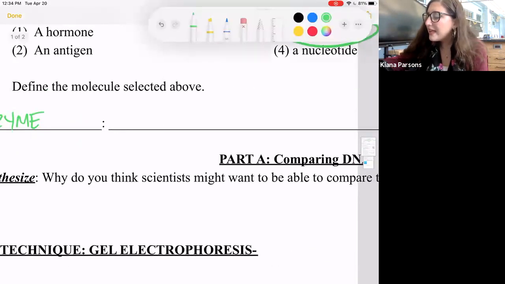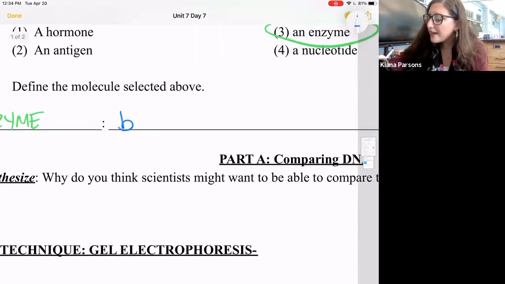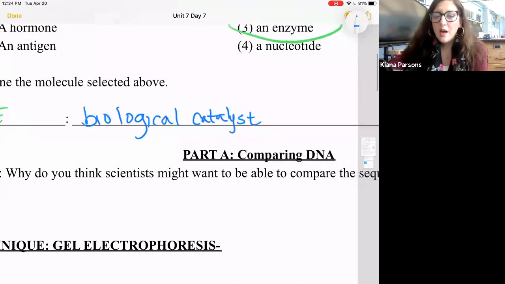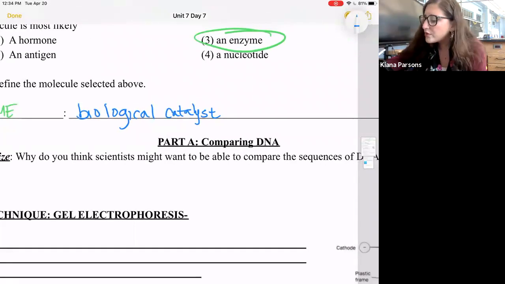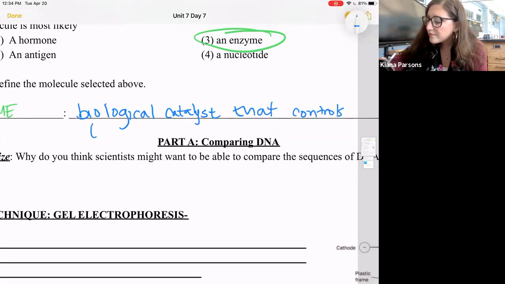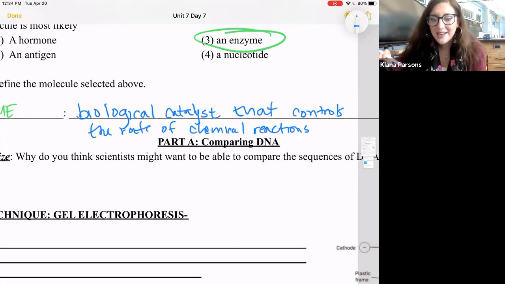An enzyme is a biological catalyst, right? It's an organic compound, a biological catalyst that controls the rate of chemical reactions. And we actually use enzymes to help us analyze DNA.